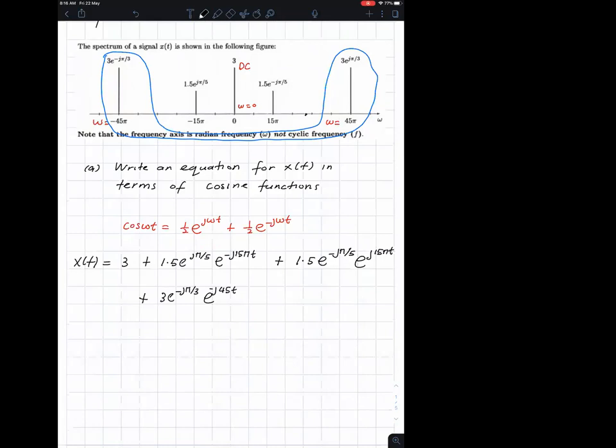Make sure you include a t when you write in exponential form. And then plus, on the positive side of the frequency, you're going to get 3 e to the j π over 3, the positive frequency e to the j 45π t. So this part here is like the amplitude and phase.